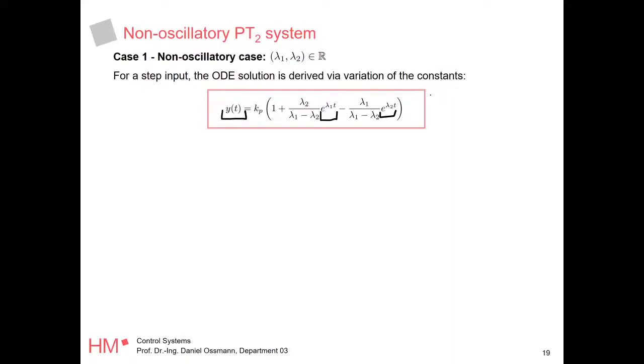Let's do a very simple thing. Let's say what happens if t goes to infinity here? We assume lambda 1, lambda 2 smaller than 0.